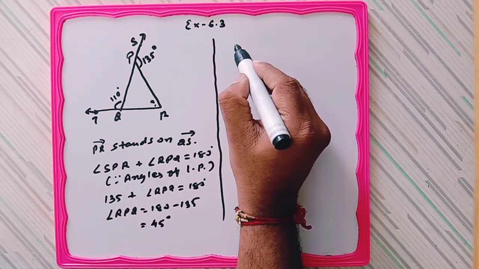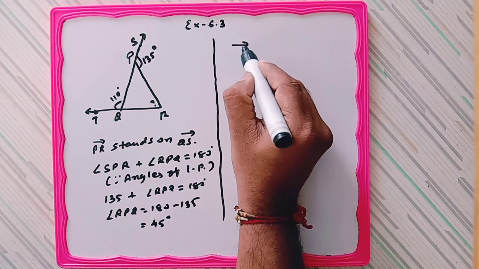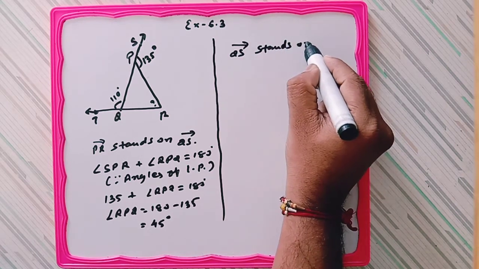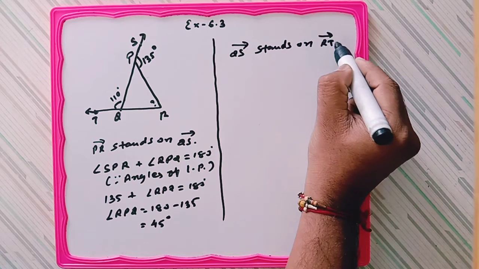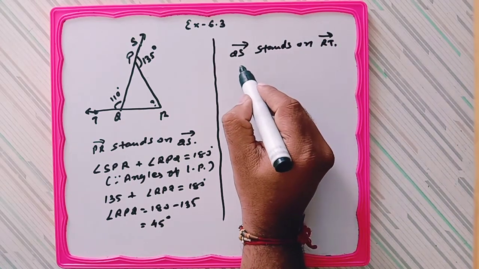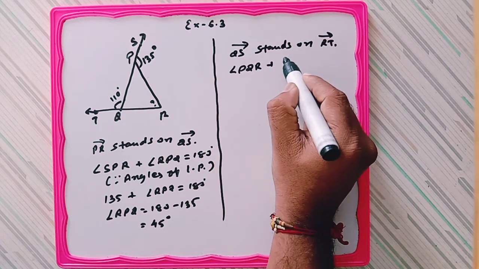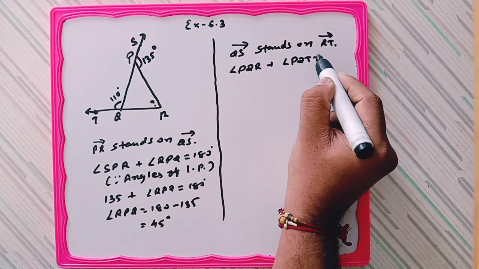Now ray QS stands on ray RT, and therefore angle PQR plus angle PQT equals 180.